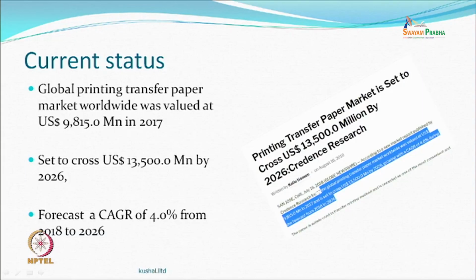All right. But currently, a recent study believes that the value, close to 2017, was something like $9,800 million US, and is likely to go to 13,500 by 2026, with an annual growth rate of about 4%.